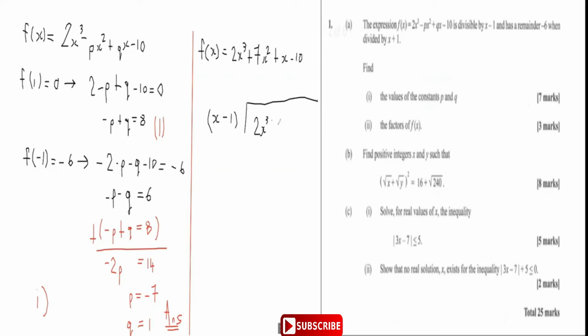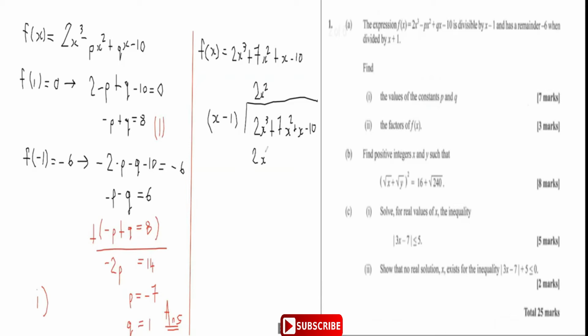So we have 2x cubed plus 7x squared plus x minus 10, and that's divisible by x minus 1. So let's do the division. X into 2x cubed, leave 2x squared. Then you're going to go 2x squared times x, which is 2x cubed.